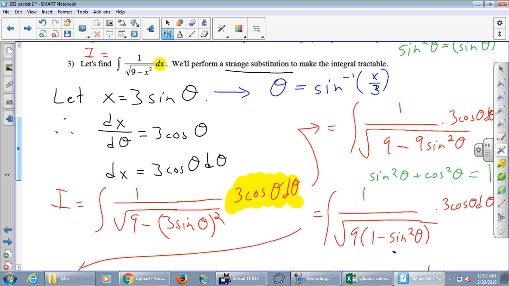So you could actually have done it the other way. You could have cosine there, and you get an equivalent, slightly different looking final answer, but it would be equivalent. It turns out that if you see a number minus x squared, we're just going to do sine every time. If this was a plus, we're going to do tangent. You'll see why tangent is the right tool when you do the activity.